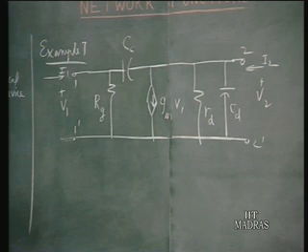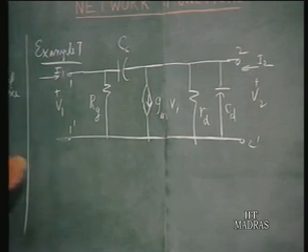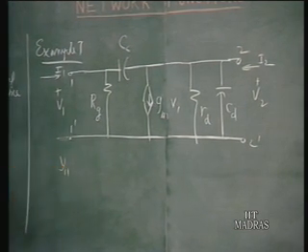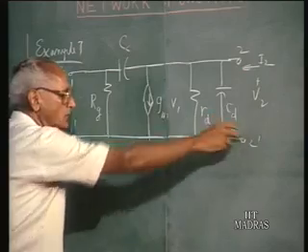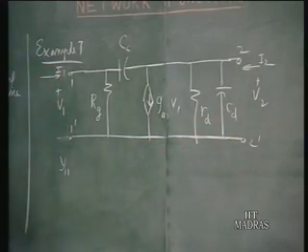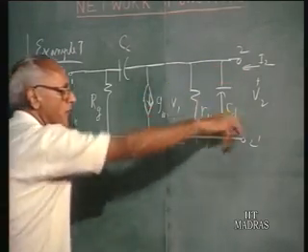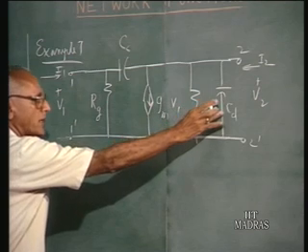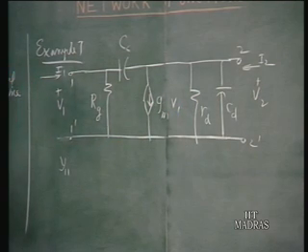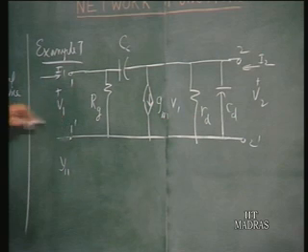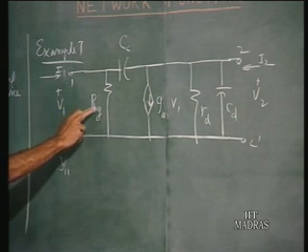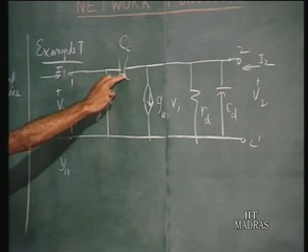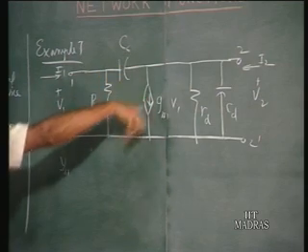We can calculate the Y parameters for this quite conveniently. So let us do that. Y11: you short circuit V2 and measure the driving point admittance. Once you short circuit V2, there will be no currents in Rd and Cd, so you can forget about that. The admittance as seen from port 1 is the admittance of this plus the admittance of this, because these two are now in parallel.